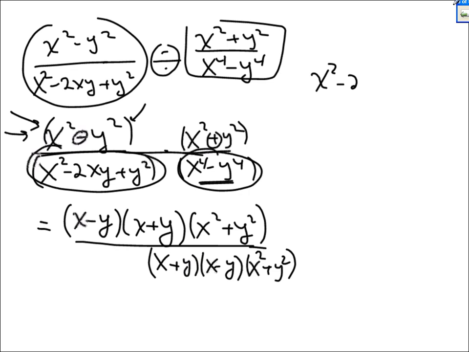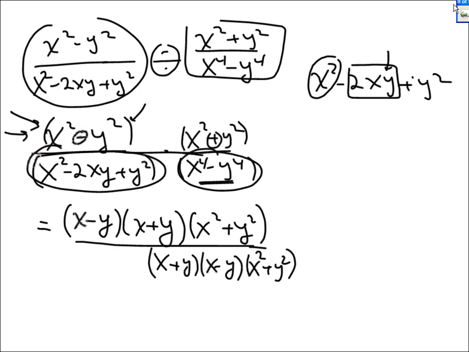X squared minus 2xy plus y squared. One way of thinking how to do this is x squared. So you only want to see x's. When you have the x term, you have y.